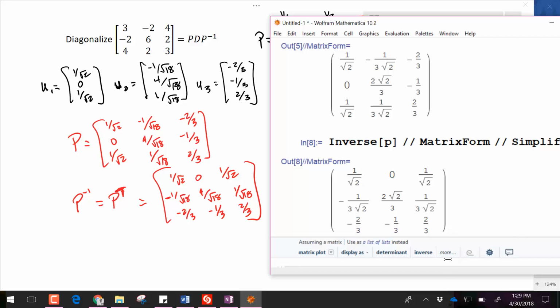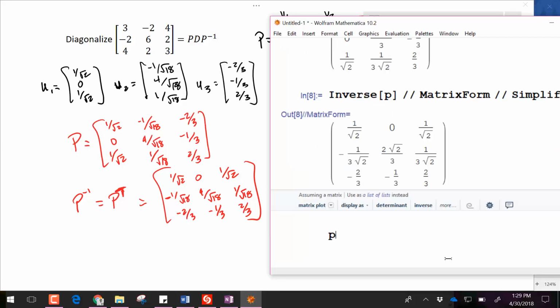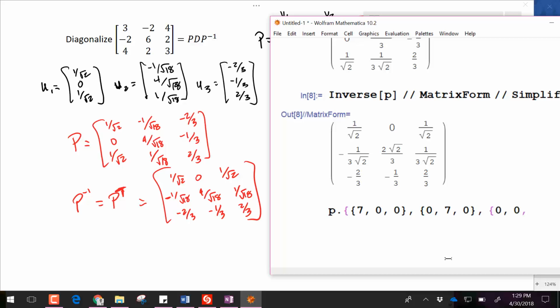Oh no. So now let's multiply P with the diagonal 7, 0, 0, 0, 7, 0, and 0, 0. What was it, negative 2?